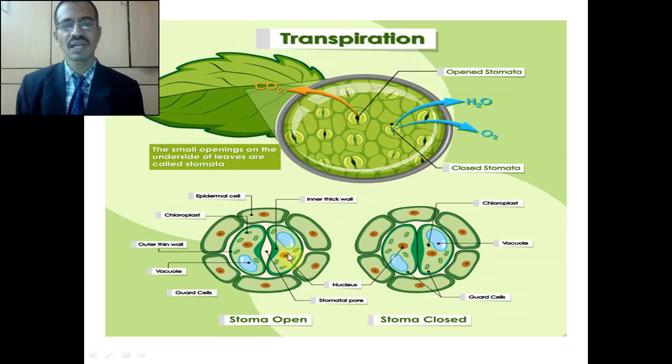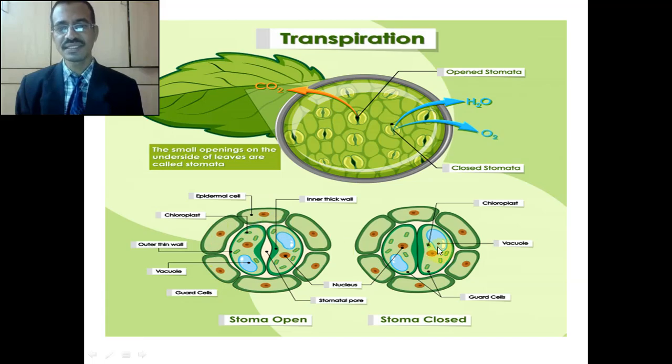This form is called the turgid state. The swollen state is called the turgid state. In this turgid state, these two guard cells are expanded. Then it leads to the opening of the stomatal pore. And these two guard cells are surrounded by the modified epidermal cells called subsidiary cells.